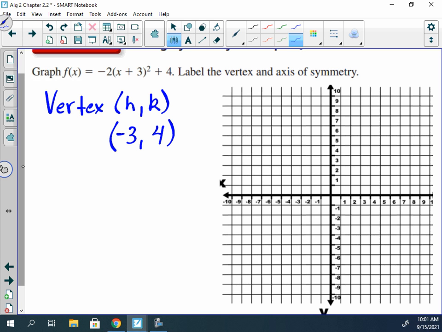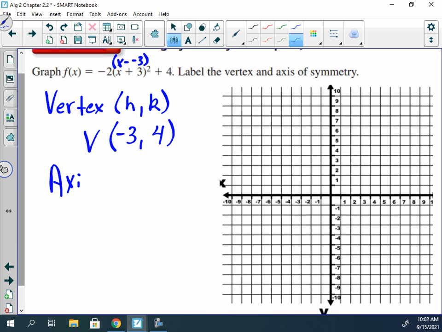So that h value would be negative 3, because really what we have inside the parentheses is x minus negative 3, since we're talking about it moving to the left 3. So our vertex is going to be the point negative 3, 4.